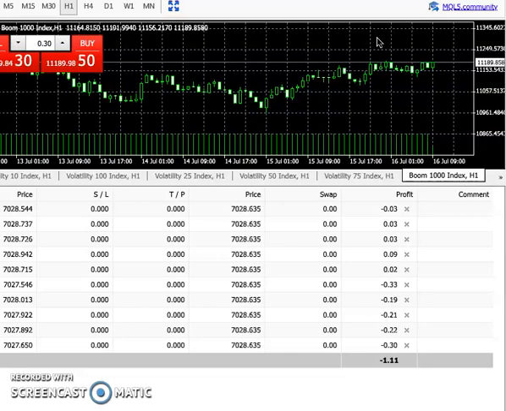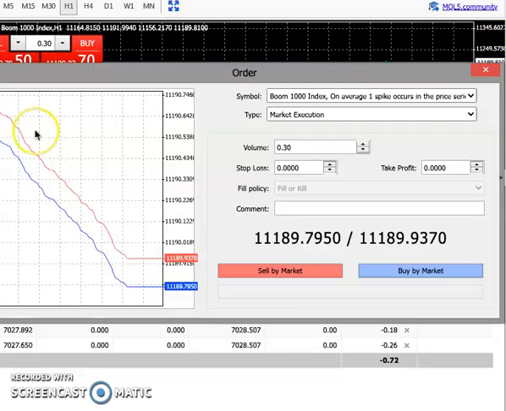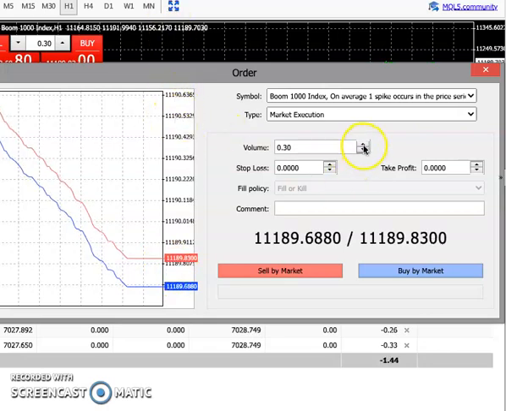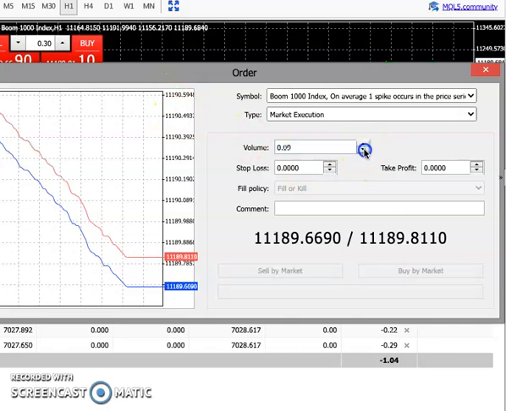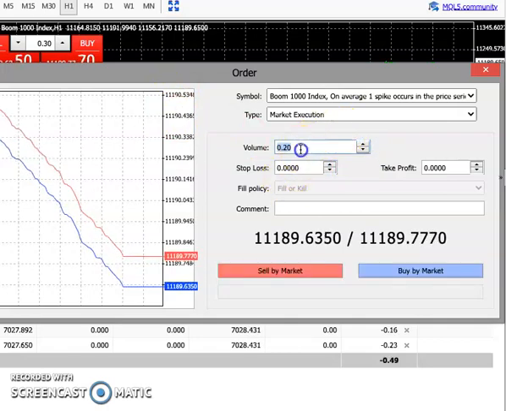Boom, sometimes you can see it's so slow. Let me just show you Boom 1000. Can you see this line here? It means it can spike and then it can go back up. So it depends on your lot sizes. And on Boom, the lowest lot is 0.20.